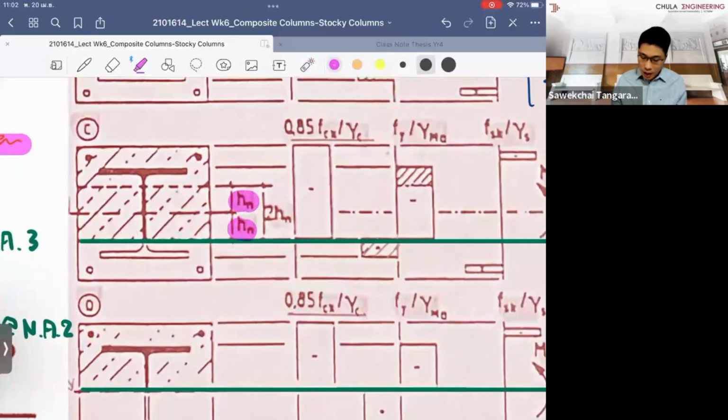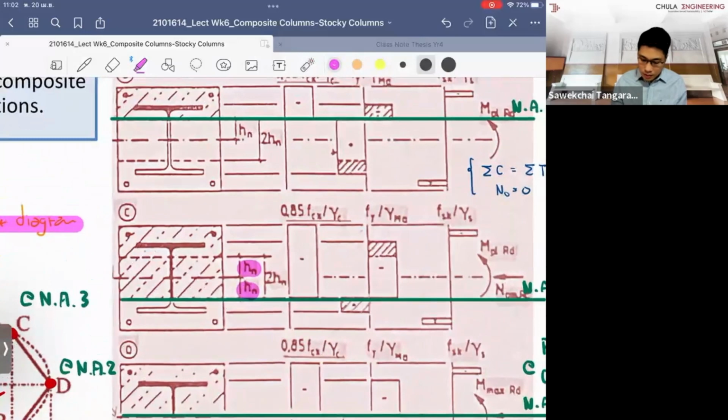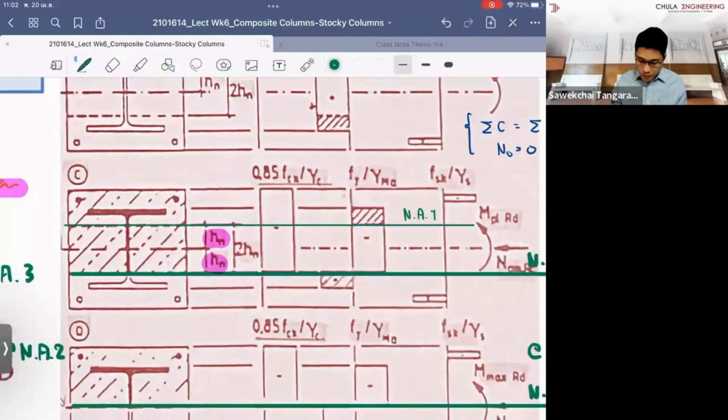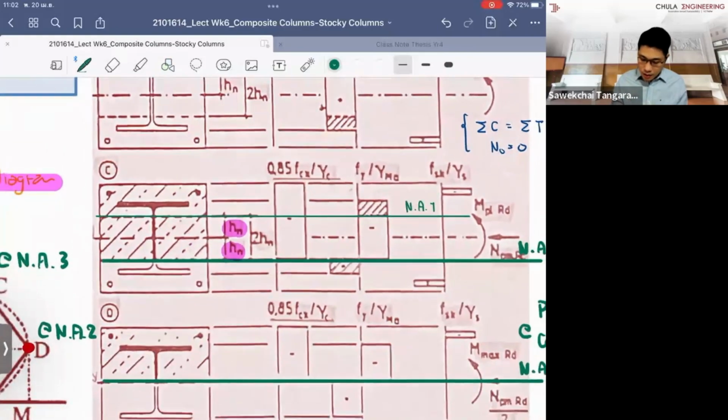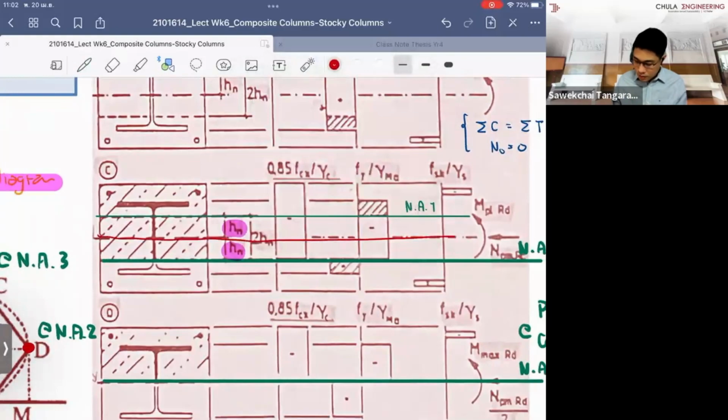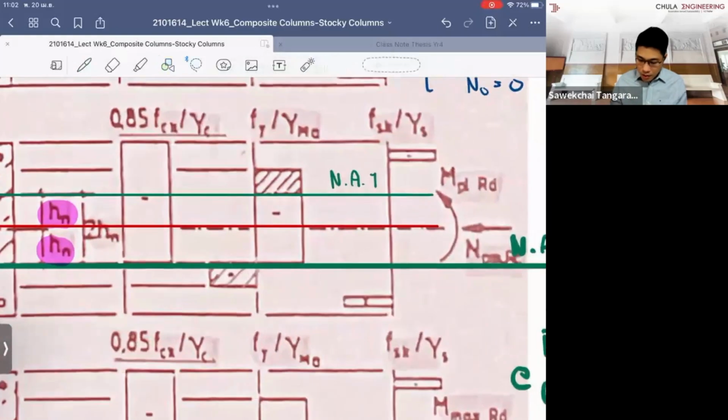So what does the Hn mean? The Hn is a distance between, first, the neutral axis depth that you can have when it's formed by the pure bending, which is at point number 1, and the distance which is at the plastic centroid.